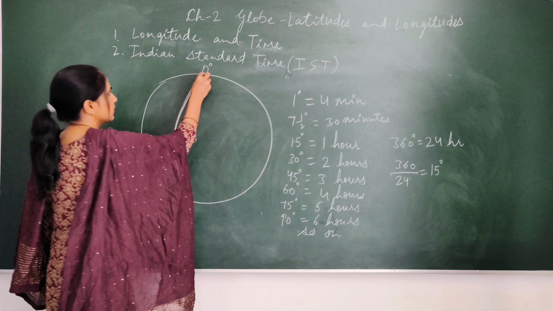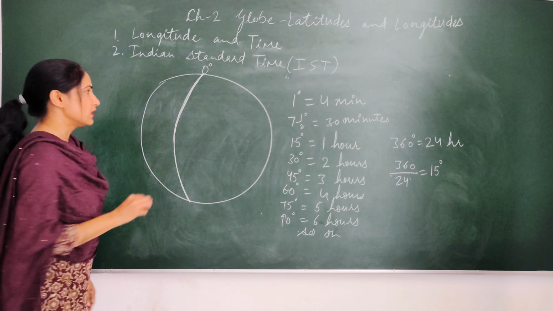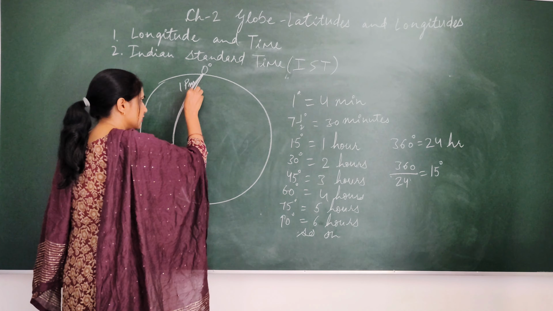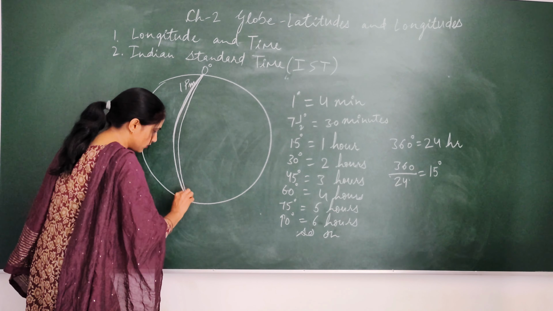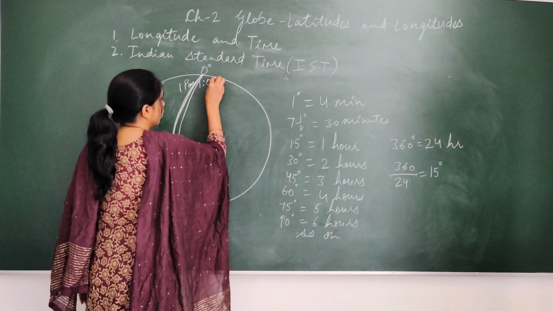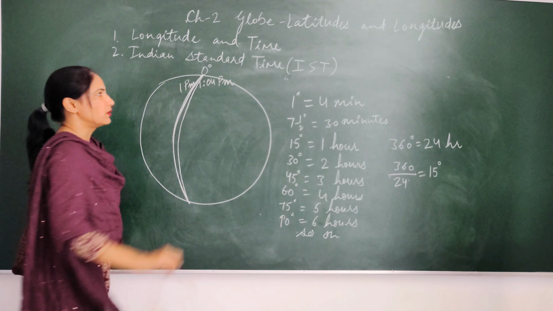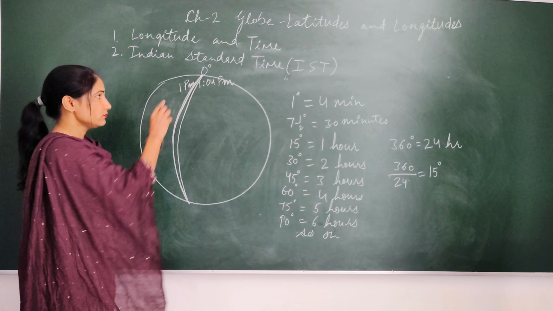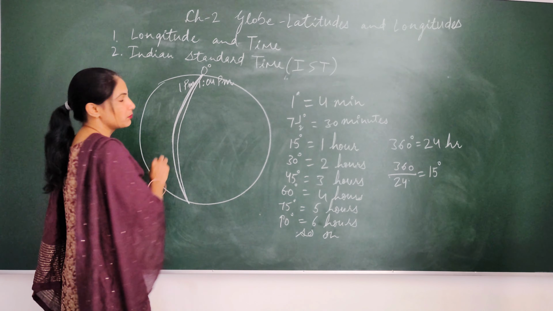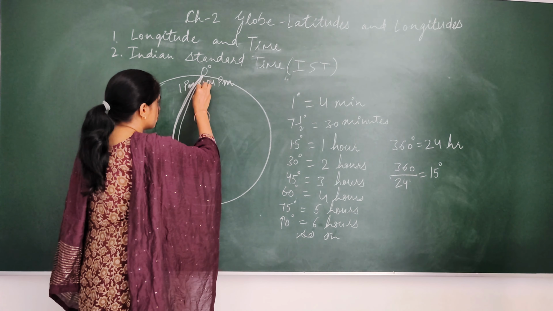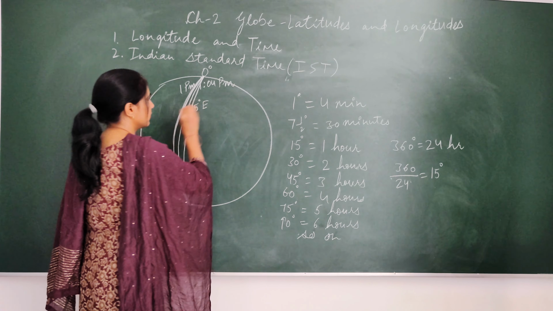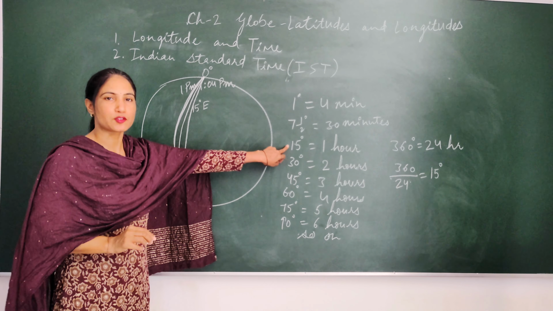So let's see this on the diagram. If at 0 degree the time is 1 p.m., at 1 degree east the time we experience is 1:04 p.m., that is, 4 minutes past 1 p.m. At 15 degree east we experience a time difference of 1 hour.